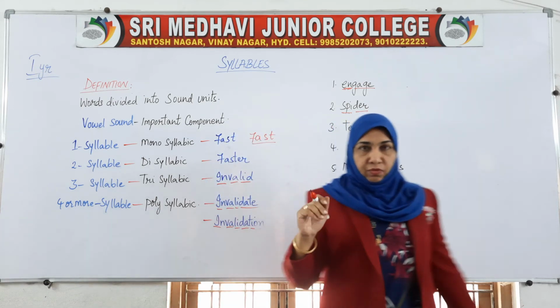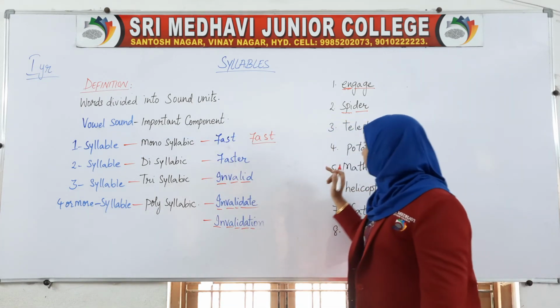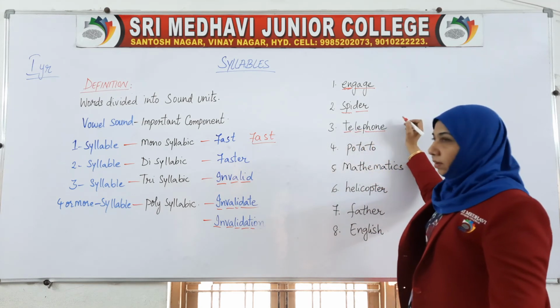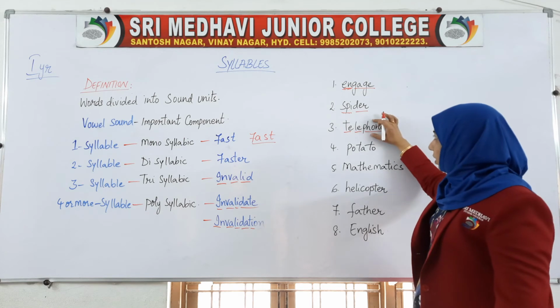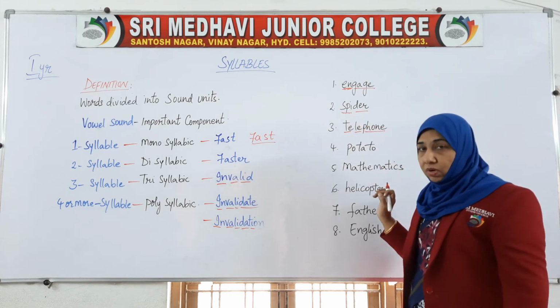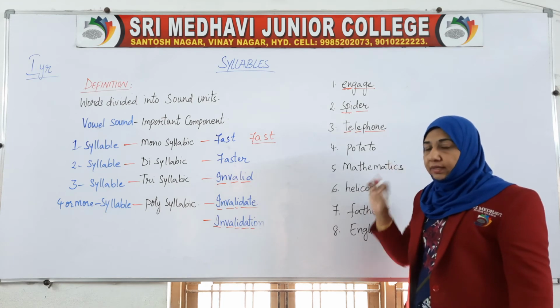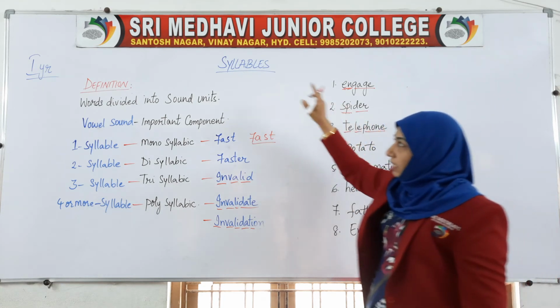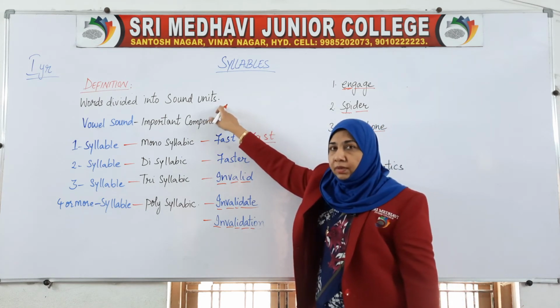Now in the same way we can get the division of this. Telephone. You cannot take one separate and PH separate, because again you will not get the sound. Syllable itself is the sound unit.